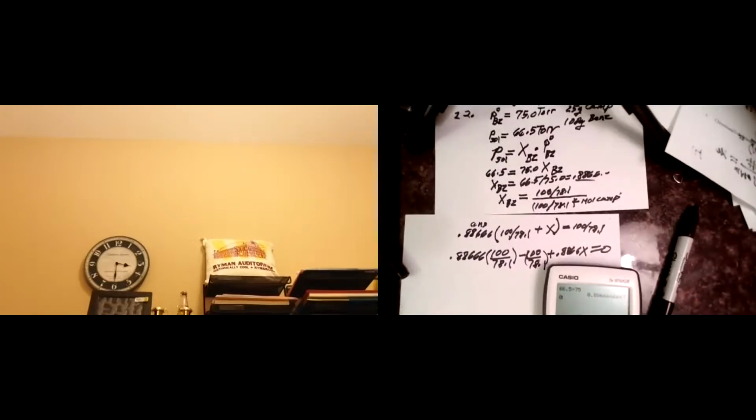All right, so let's do all of this math now and see what we have, and then we'll solve for x. So we've got this number, which is on my screen. I'm going to multiply it times 100 divided by 78.1. And then I'm going to subtract 100 divided by 78.1.